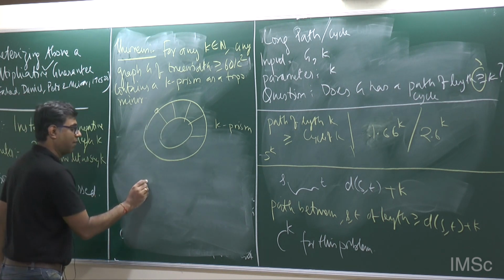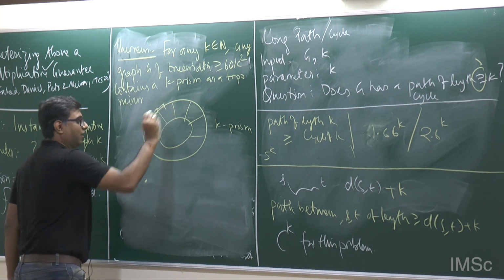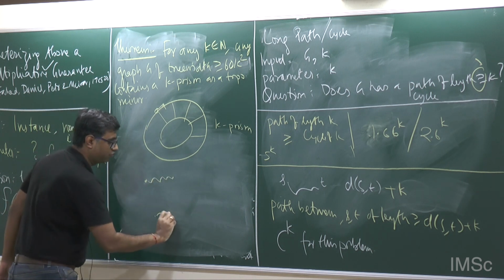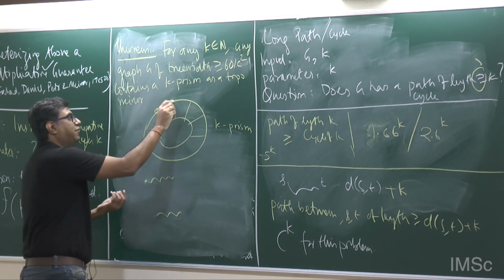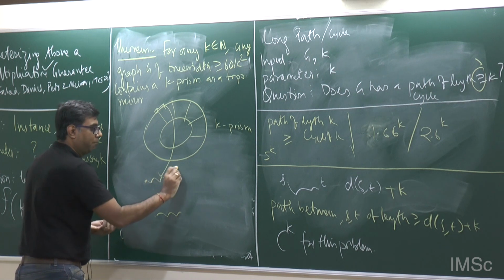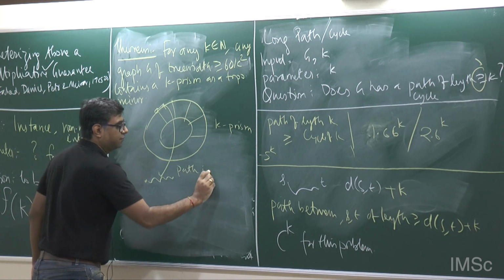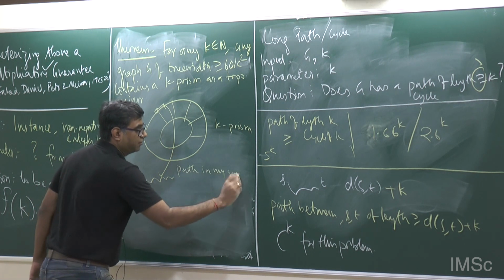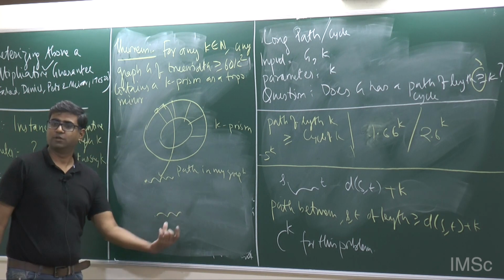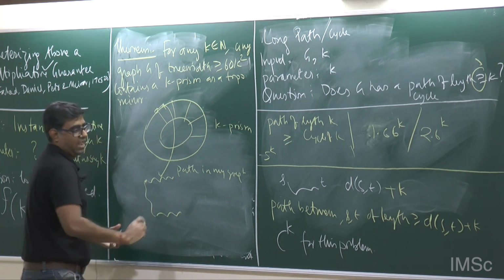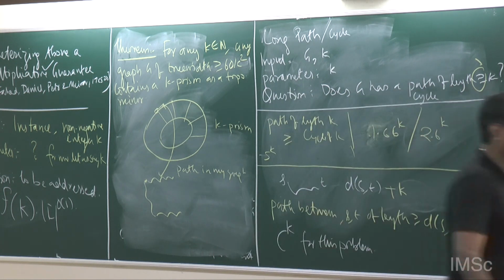For every vertex, I will have a mapping, and every edge I will map to a path in my graph. What is the property of these paths? They are mutually vertex disjoint. So basically, I have these structures exactly as I explained, but the lengths may not be the same for these things.